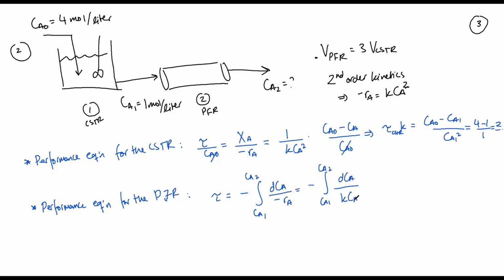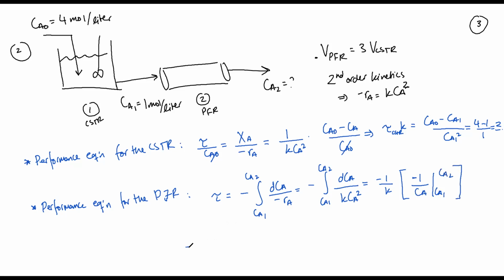If I plug in the numbers, I get the integral from CA1 to CA2 of dCA over K CA squared. Let's take the K out: minus 1 over K. The integral of 1 over CA squared is minus 1 over CA, from CA1 to CA2.